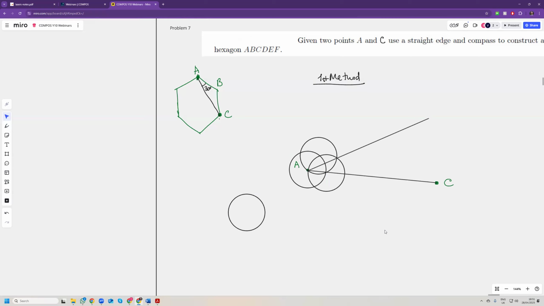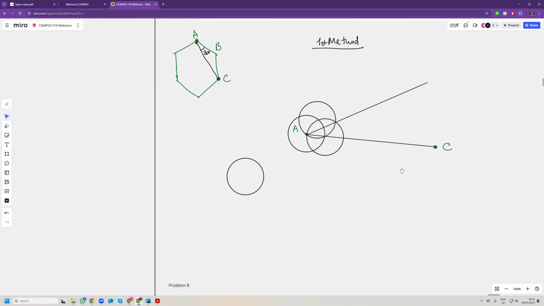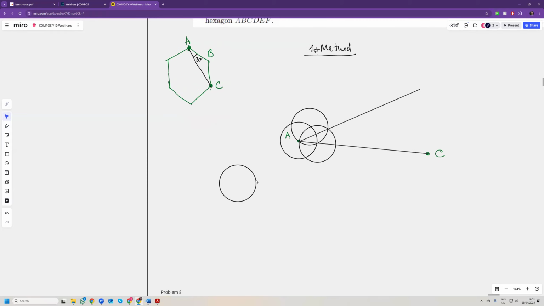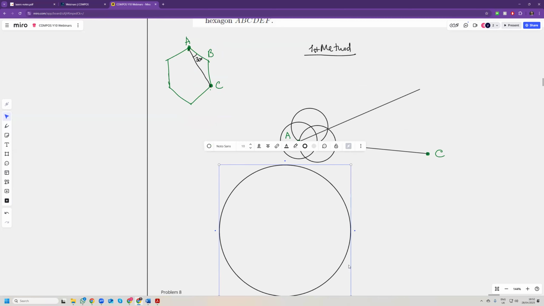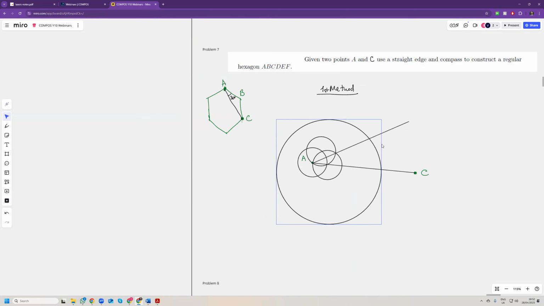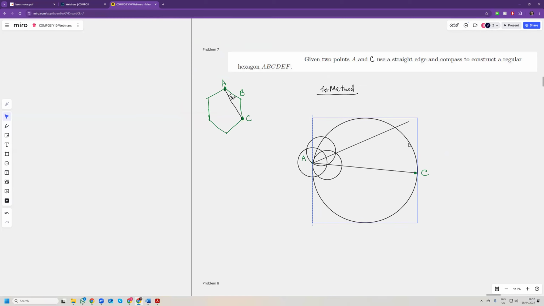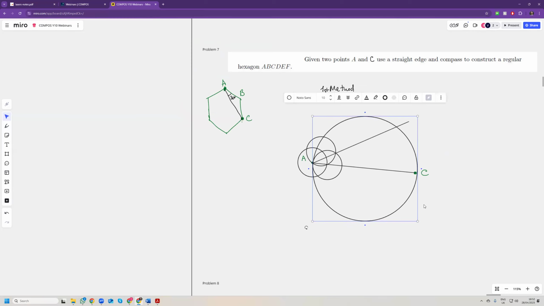Do I have to do the same? Well, yeah, I can either do perpendicular bisector of AC, so I'll need a bigger circle. Ideally, a circle with the same size as AC.